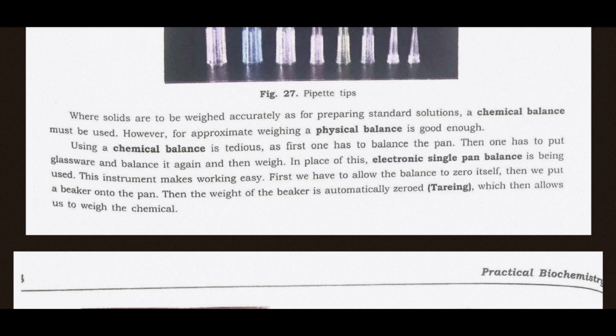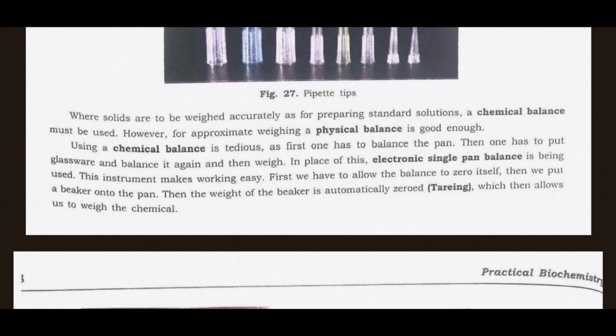Where solids are to be weighed accurately, as for preparing a standard solution, a chemical balance must be used. However, for approximate weighing, a physical balance is good enough. Using a chemical balance is tedious, as first one has to balance the pan, then one has to put glassware and balance it again, and then weigh. In place of this, the electronic single pan balance is being used. This instrument makes working easy.